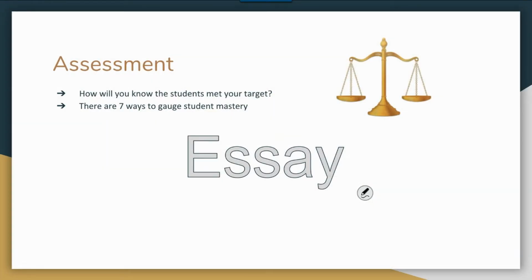Essay. What are the advantages of an essay? For me, I enjoy seeing their thought process more and their ability to arrange material and even to follow directions.